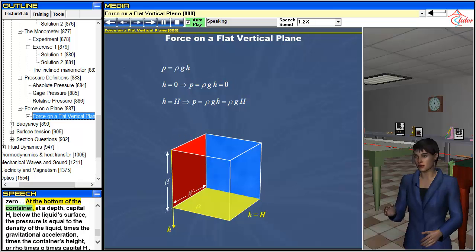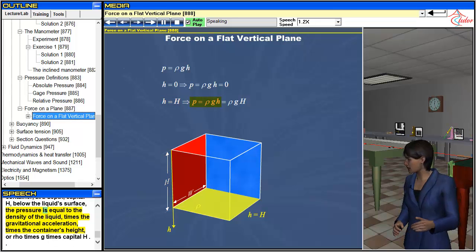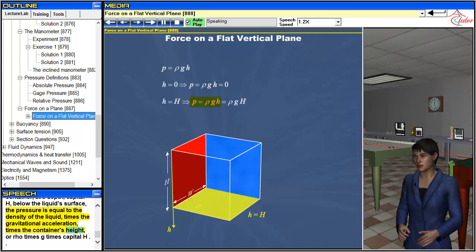At the bottom of the container, at a depth, capital H, below the liquid's surface, the pressure is equal to the density of the liquid, times the gravitational acceleration, times the container's height, or ρ times g times capital H.